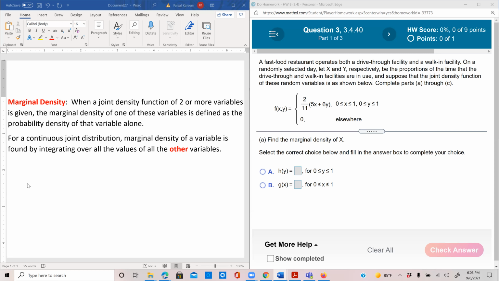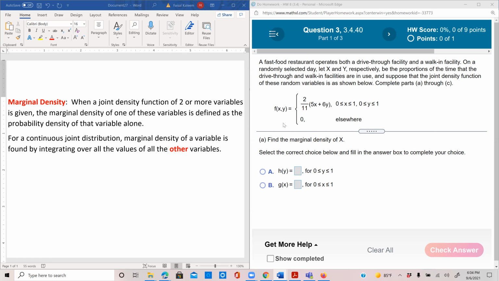Somehow we try to figure out what the value of that one is alone. The way we calculate a marginal density, let's say for this f of x, y, when they're asking just for the marginal density of x, is that we integrate over all the values of the other variable, which in this case is y. The same idea applies even if there were three variables, x, y, and z.